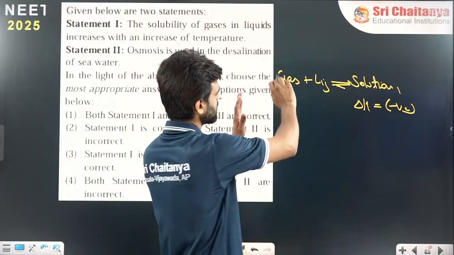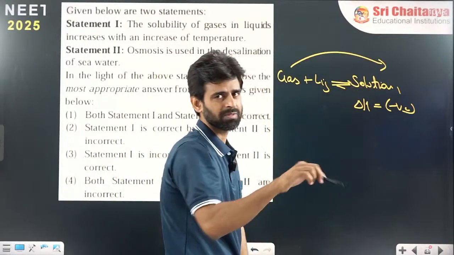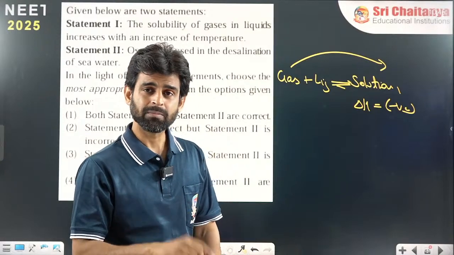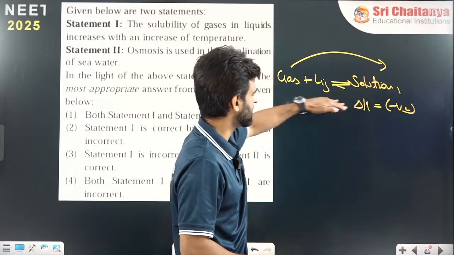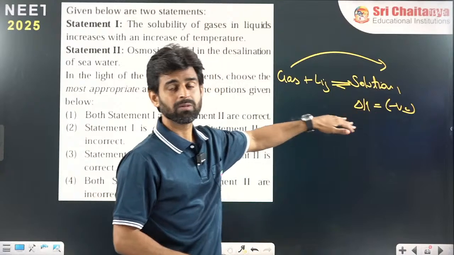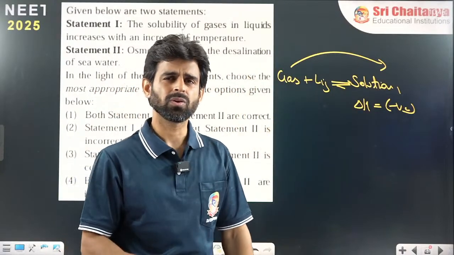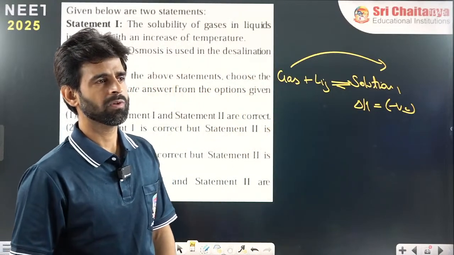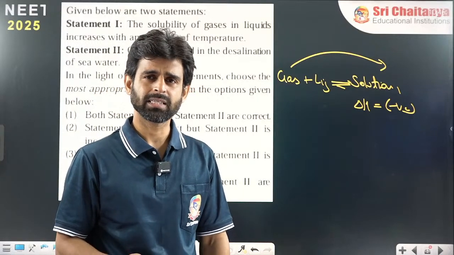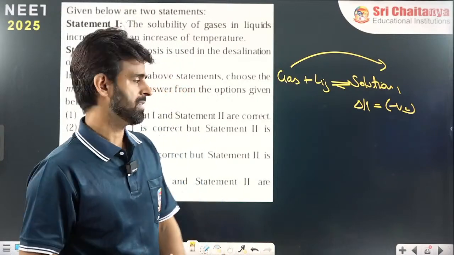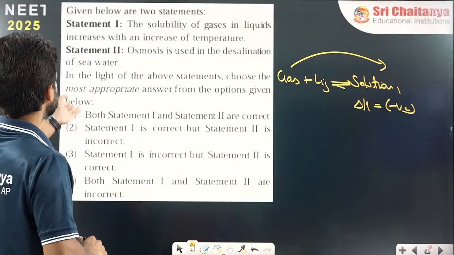Exo will be favored at less temperature. If you increase temperature, the reaction goes where? Backside. Backside means solubility will decrease. So low temperature is good for more solubility of gases in liquid, right? So first they are saying wrong.